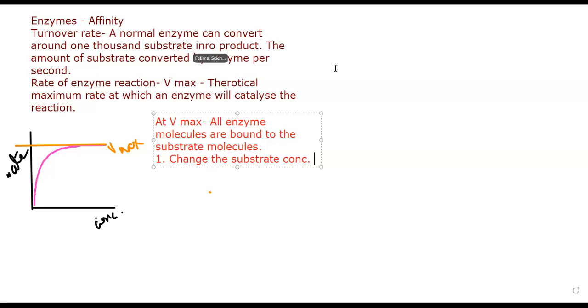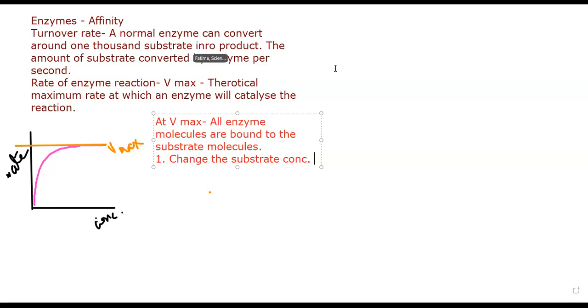You will see that I am increasing the substrate by the same amount, plus 5. 0, 5, 10, 15. It is important for you to note small things like this for your paper 3 practical exam. Later on, we will discuss how to solve your practical questions as well.